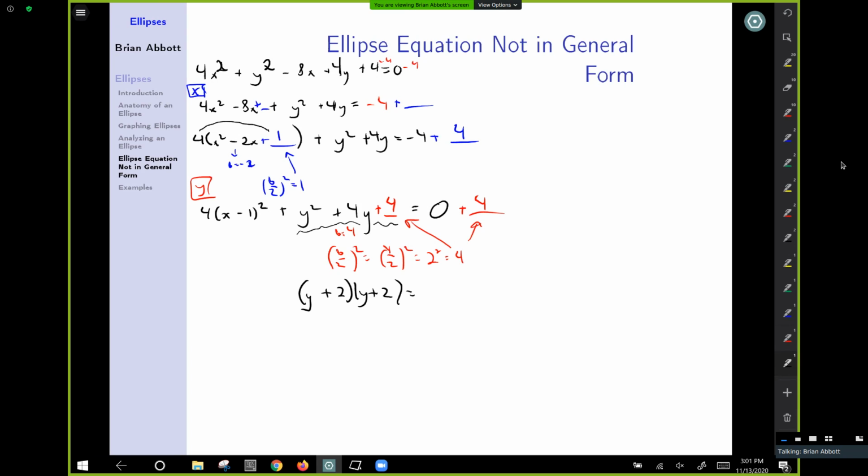So in the interest of saving a little bit of writing here, I'm just going to drop the rest of the expression down and rewrite that. 4 times x minus 1 squared. Plus, well, that's the same factor multiplied by itself twice. That's what it means to be a square, something squared, and we've completed the y square, is equal to, what do we have on the right-hand side? We have 0 plus 4 gives us 4.